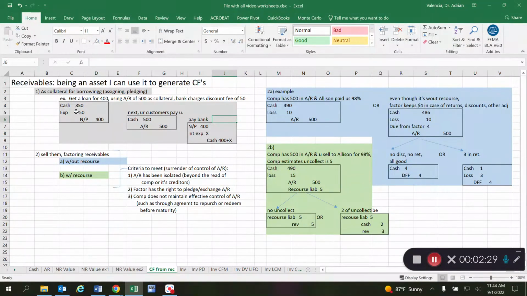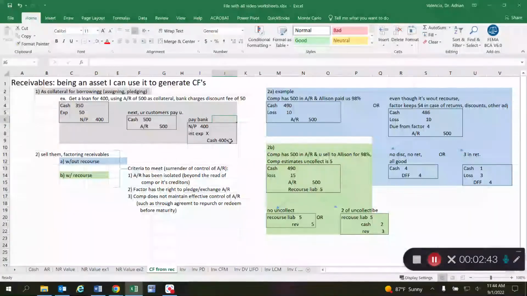Now usually you'll have interest that accrues over that period of time. So whatever interest that is, we got to tack on to the payment to the bank. So it'll be the $400 of the loan plus any interest, I'm going to call that X here, that needs to be paid.